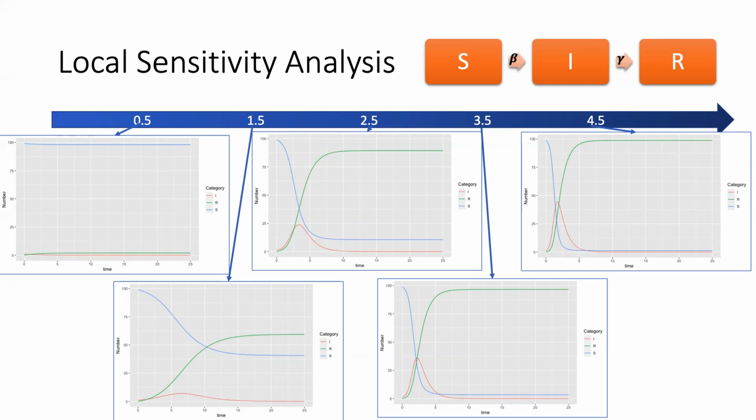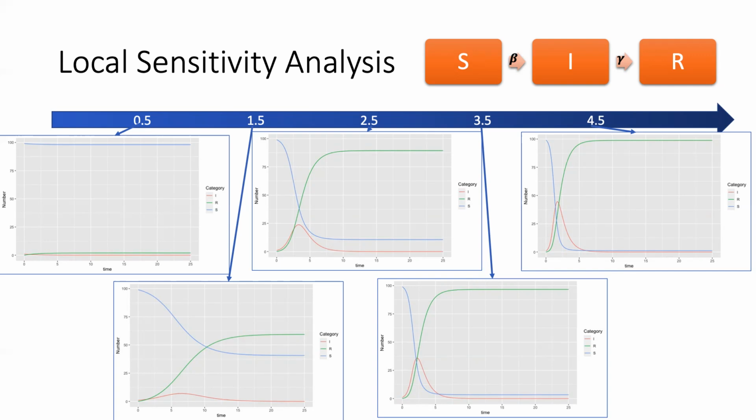Now, for sensitivity analysis, you can, if you want, make a graph at all of these different values. But it's really hard to actually come up with an analysis of all of these different timelines. So what we generally do is come up with an output that we look at to see how it changes over the course of changing this beta.